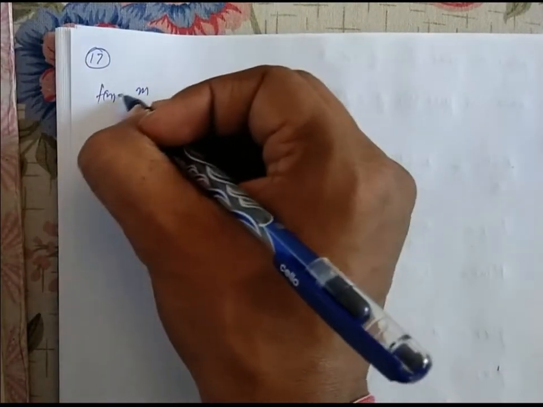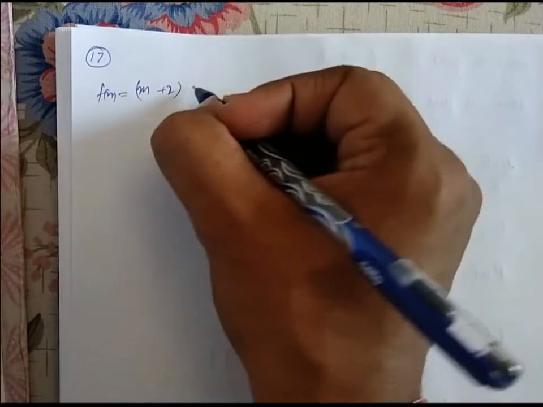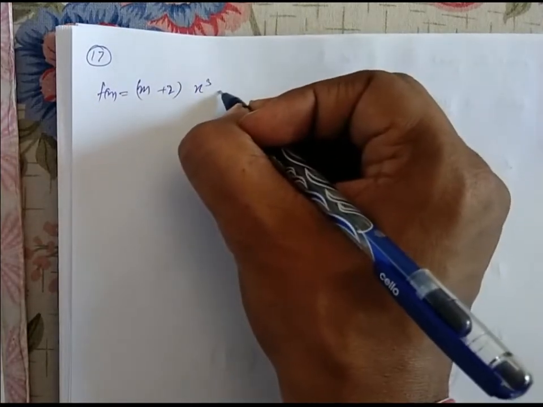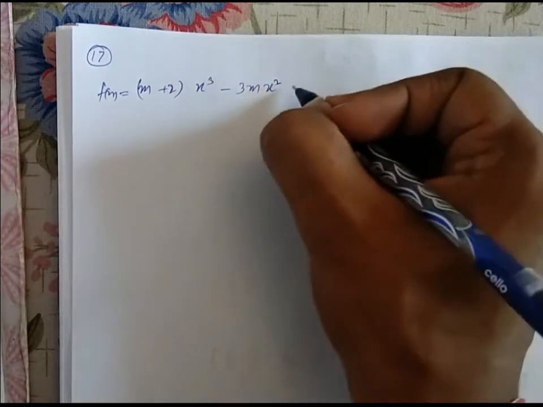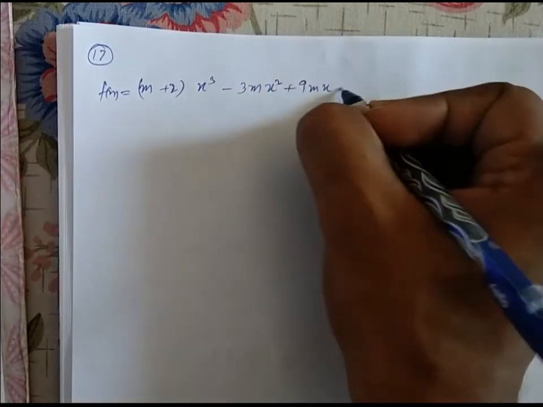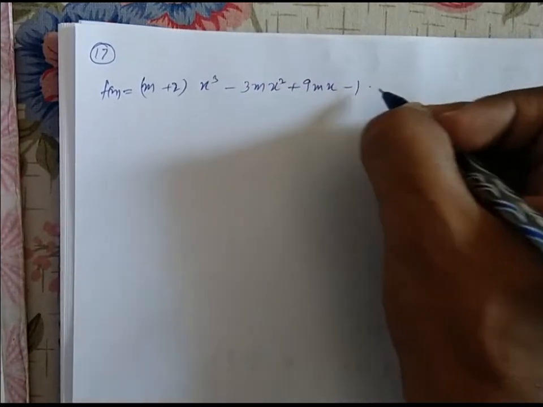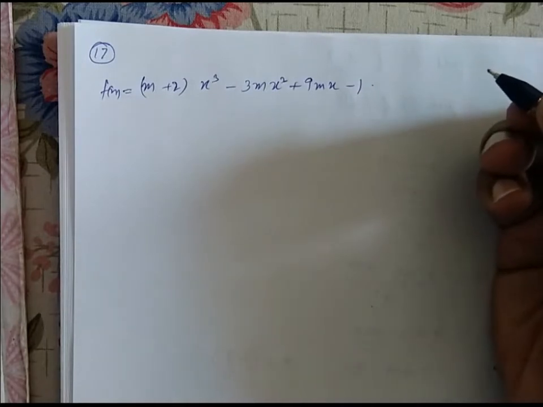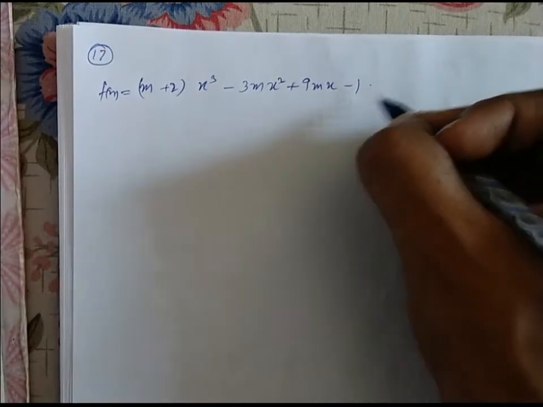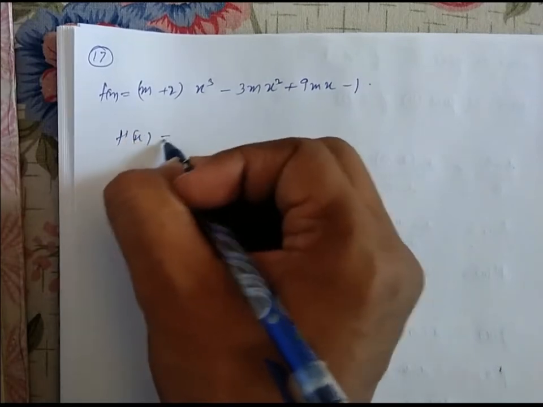So f(x) is equal to (m plus 2)x cube minus 3m x square plus 9m x minus 1, decrease for all x. Okay, so let's calculate f dash first.